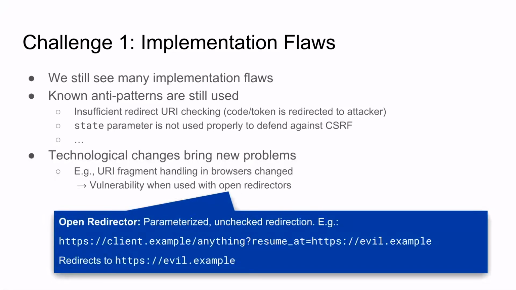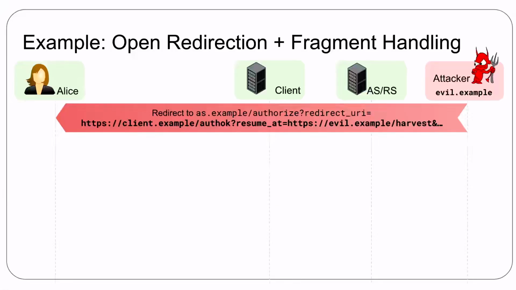Well, let's look at an example again. Here we have more parties than before because we have an attacker on the right. That attacker now redirects a user to the URI example.com/authorize, and the redirect URI, which of course needs some URI encoding, is client.example/auth resume at evil.example/harvest.